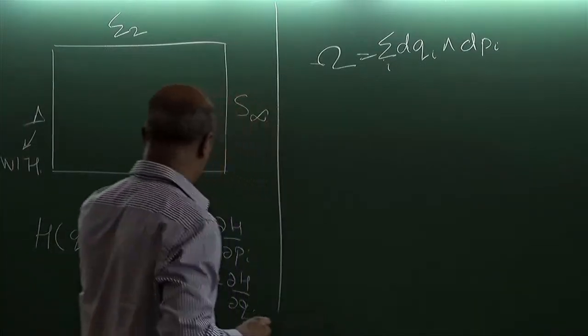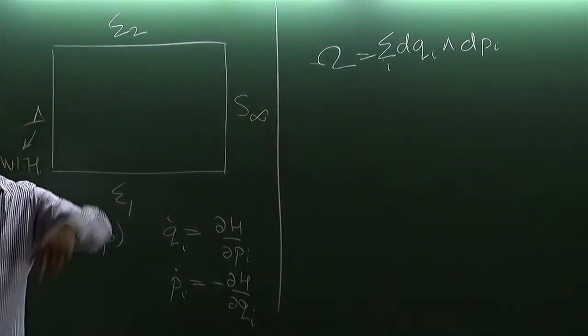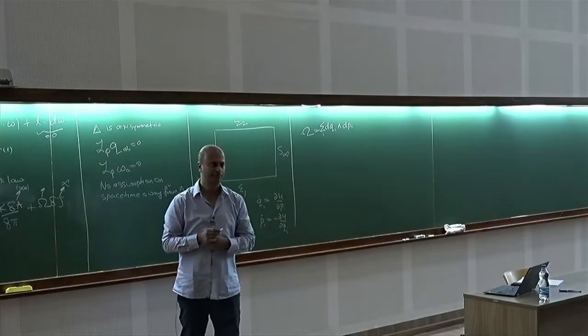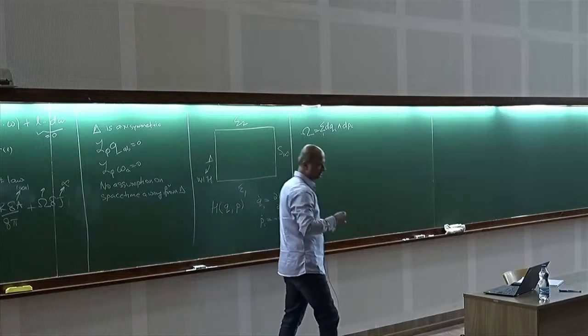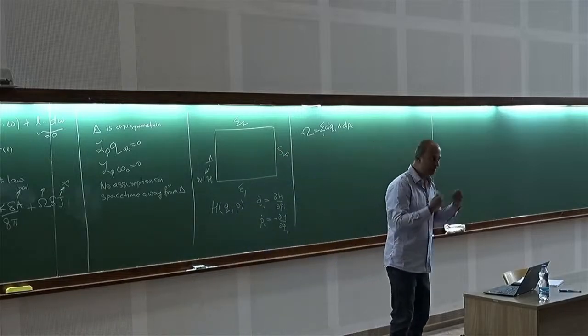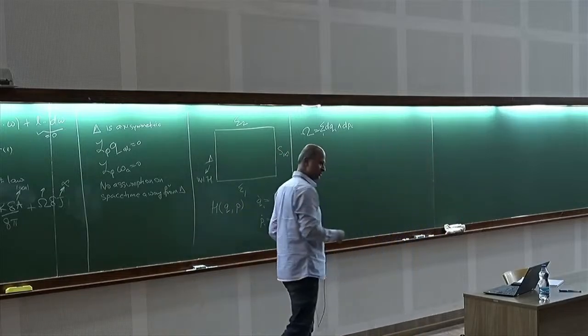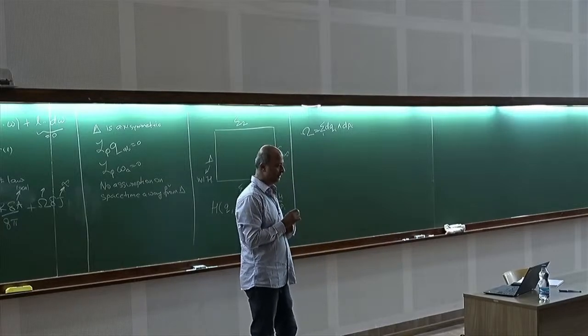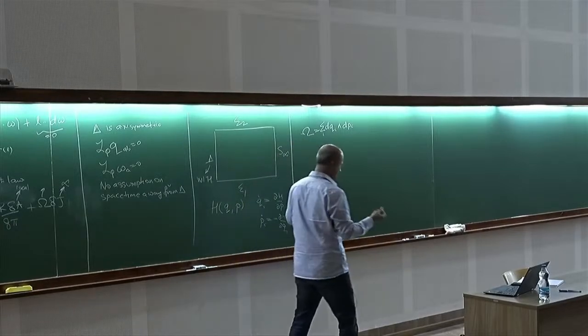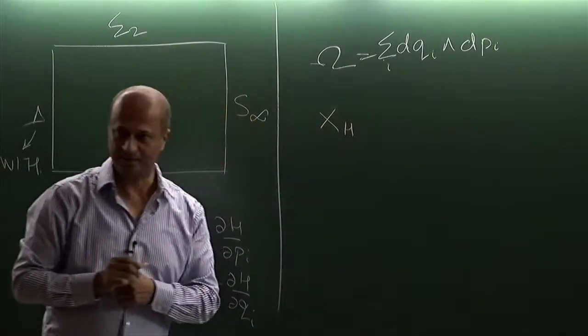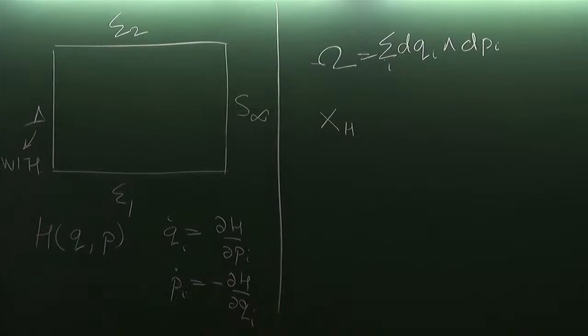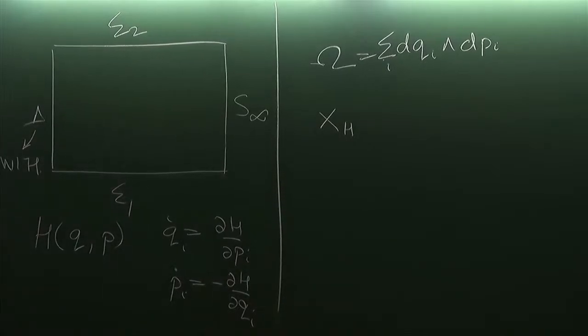Then these equations here define a flow in phase space. And the flow is along a given vector field, which is determined by the Hamiltonian through these equations. Right? And you can check that, let's call the vector field XH, the flow vector field determined by the Hamiltonian.